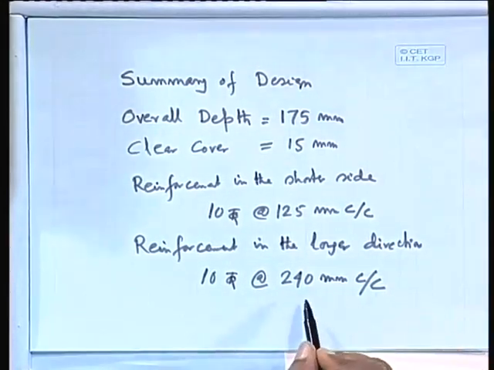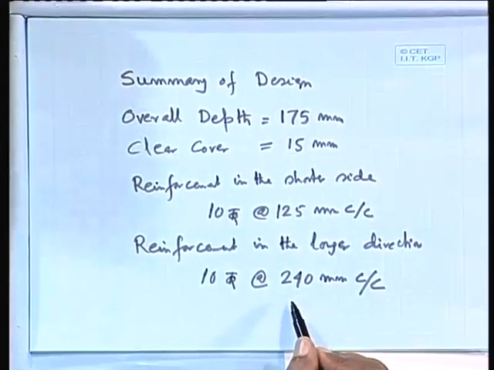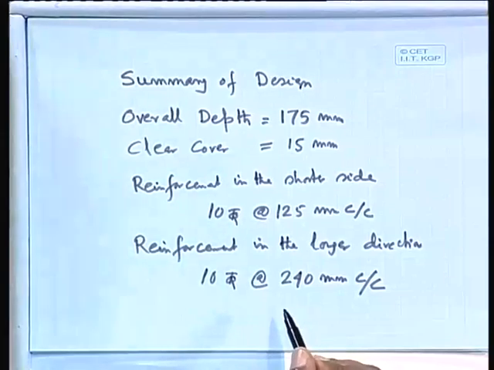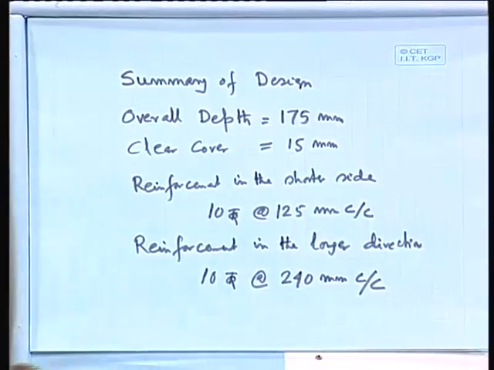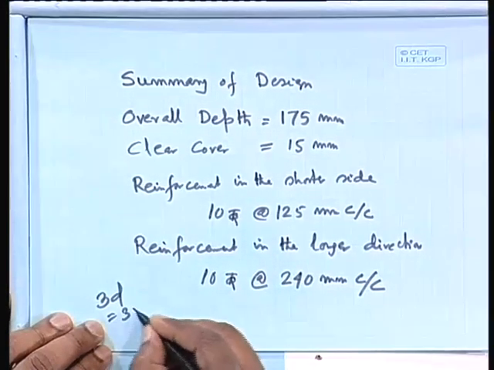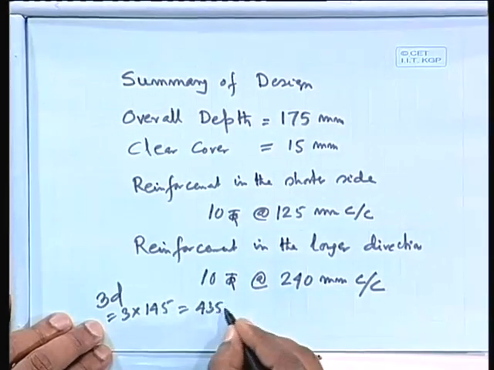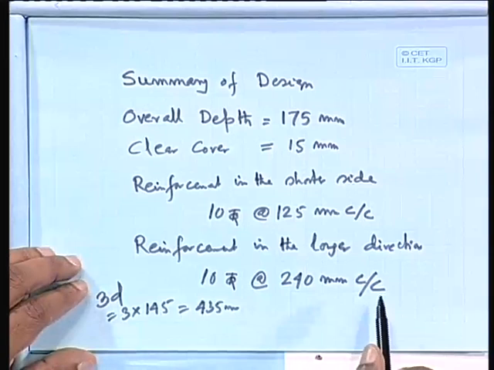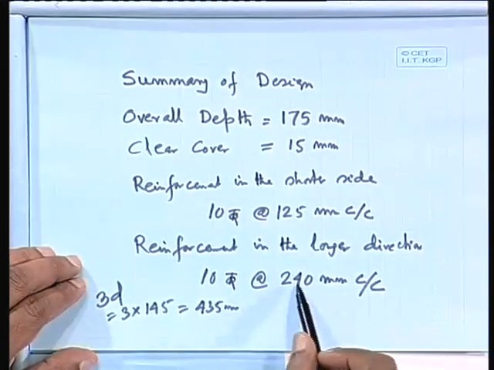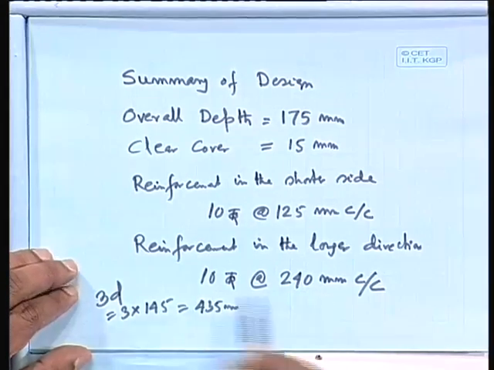Let us find out the 3D, 3 times D. 240 is the spacing we are providing. 3D means 3 times 145, which comes as 435 millimeter, or 300 millimeter, whichever is smaller. So it is within the limit of that spacing, and that also you have to check.